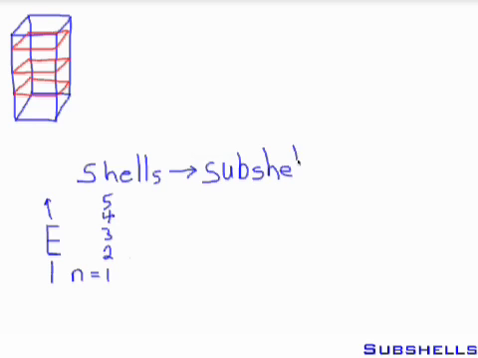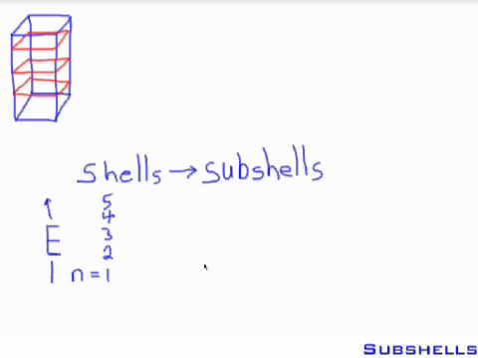Now, in the apartment building, one could ask, well, how many apartments are on a floor? Well, that very much depends on the size of the floor. It depends on the size of the apartment building. Same question we ask about our subshells. How many subshells does each shell give us?